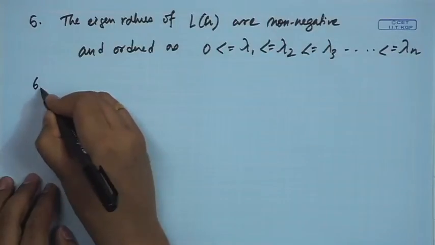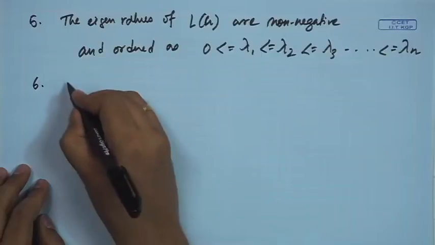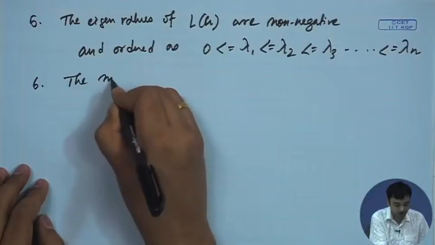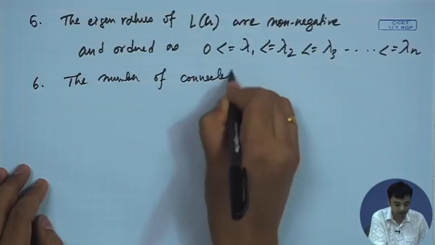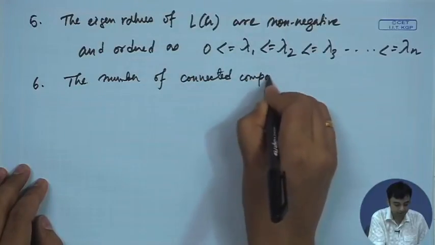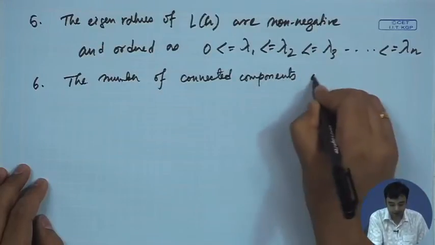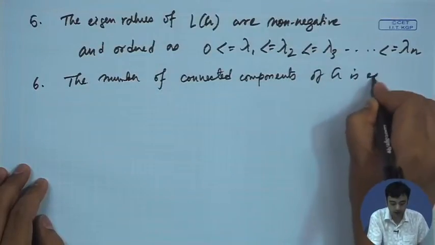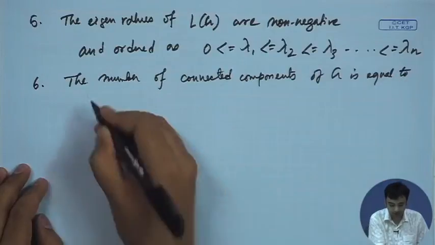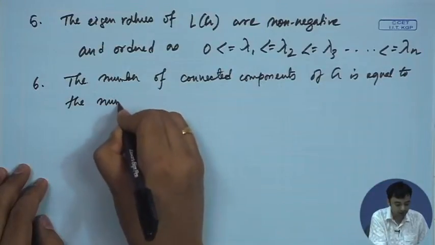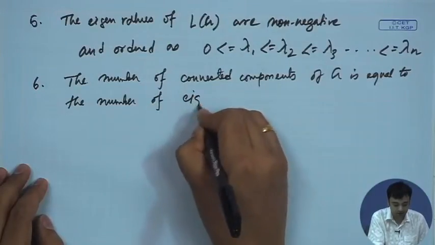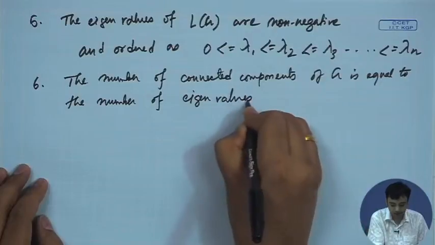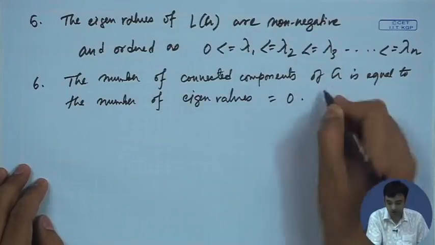Okay. And then you have the last property which tells you that the number of connected components of G is equal to the number of eigenvalues equal to 0.